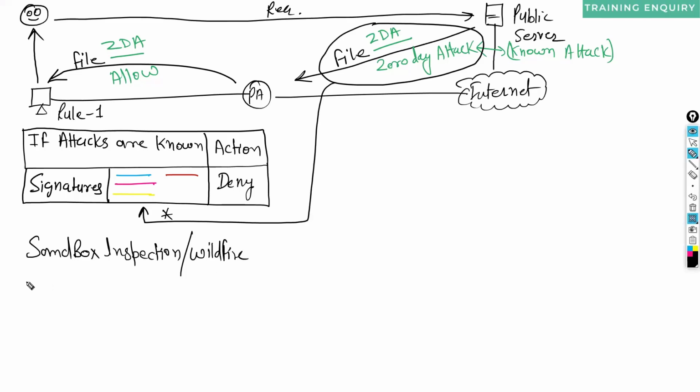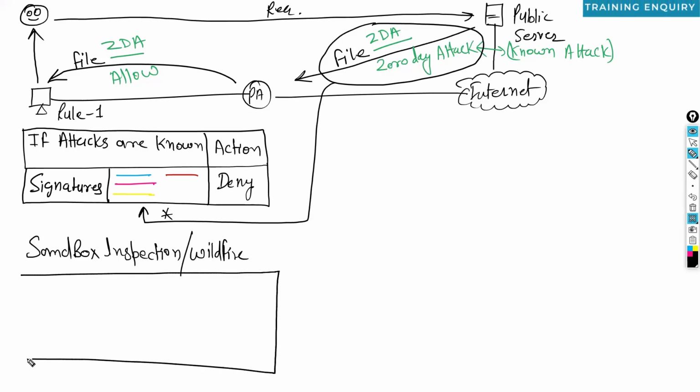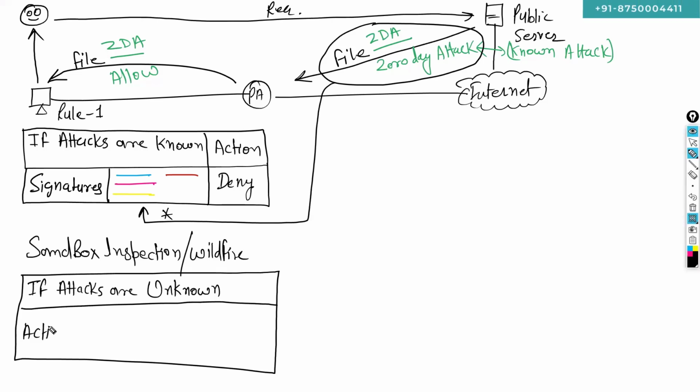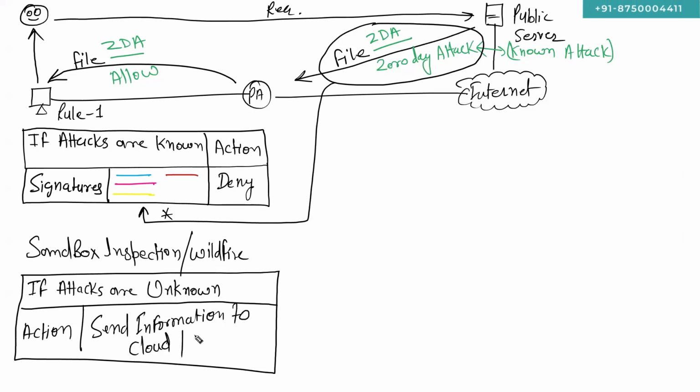Done. In WildFire, we configure the firewall in this way that if attacks are unknown, if you don't know the attack, then the action will be like this: send information to the cloud or data center.